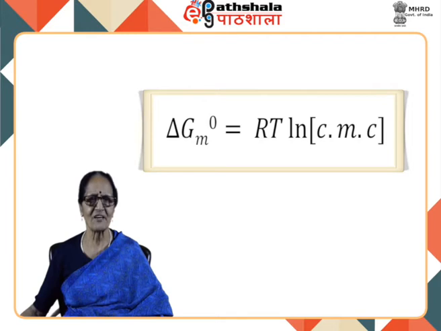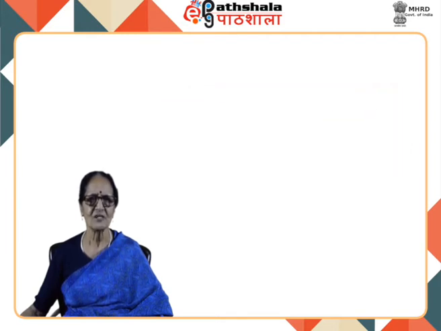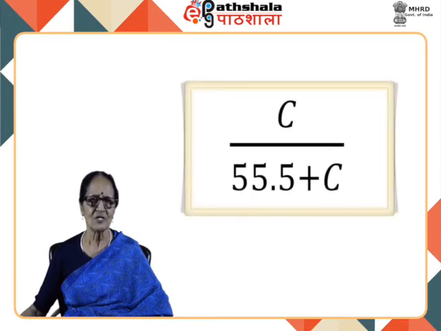In equation 5, the CMC is expressed as a mole fraction, which is equal to C divided by 55.5 plus C, where C is the concentration of surfactant in mole per decimeter cube.